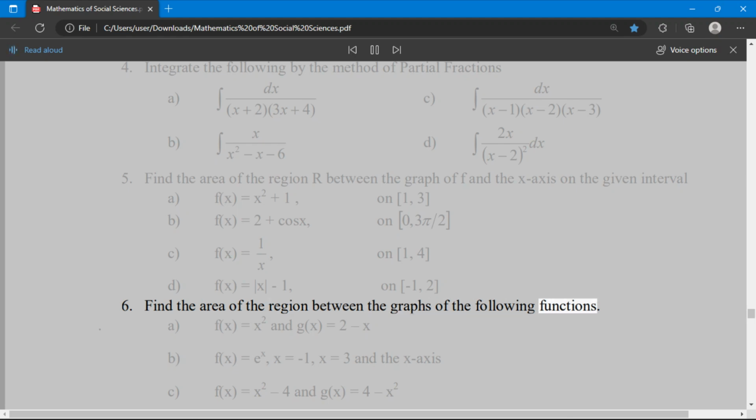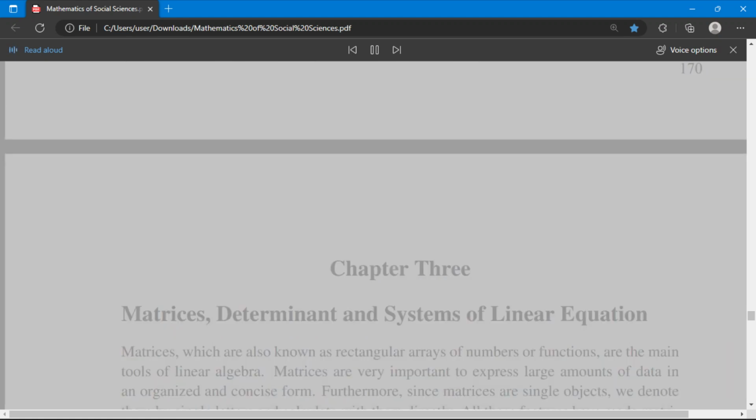Find the area of the region between the graphs of the following functions: a, f(x) = x² and g(x) = 2x; b, f(x) = x, x = −1, x = 3 and the x-axis; c, f(x) = x² − 4 and g(x) = 4 − x².